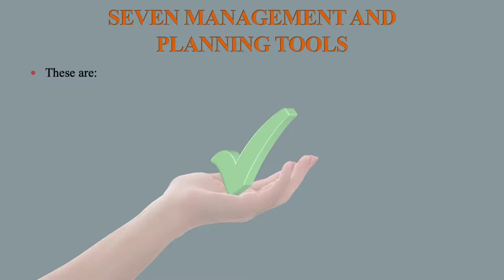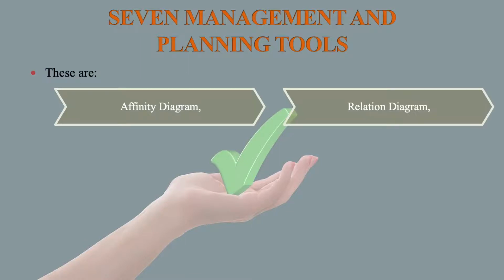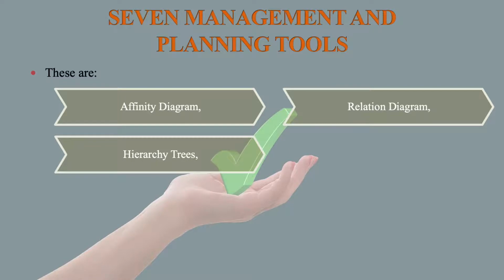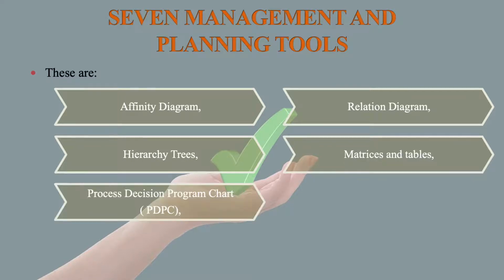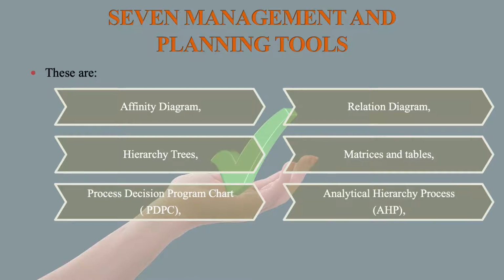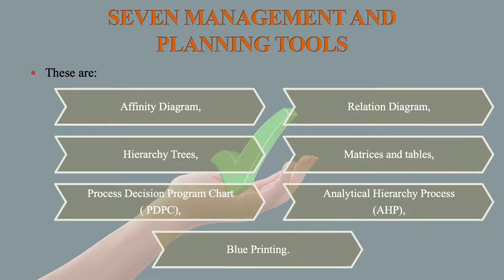These are affinity diagram, relationship diagram, hierarchy trees, matrices and tables, process decision program chart, that is PDPC, analytical hierarchy process and blueprinting. So quality function deployment is a process which utilizes various tools to enhance the quality of the products or development of a new product. It uses various tools. So these are the 7 management and planning tools.